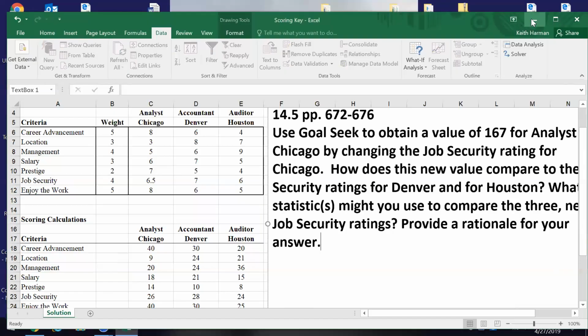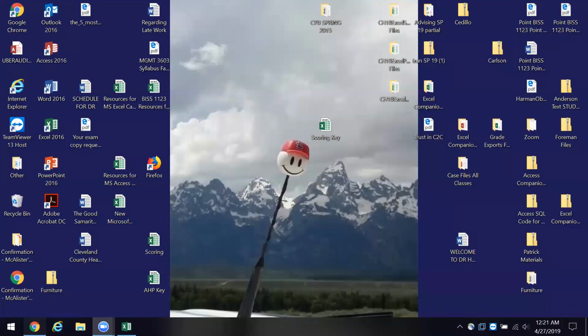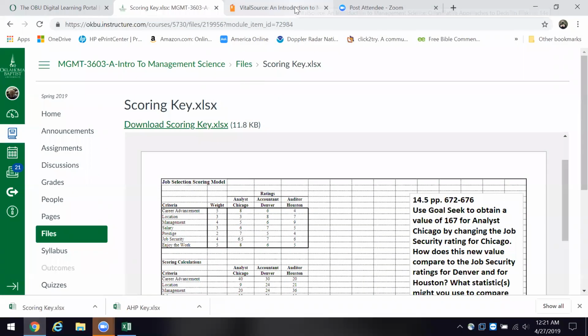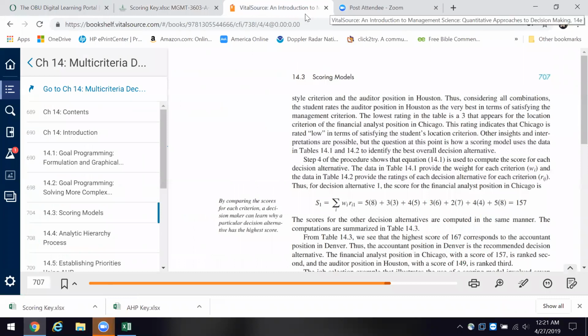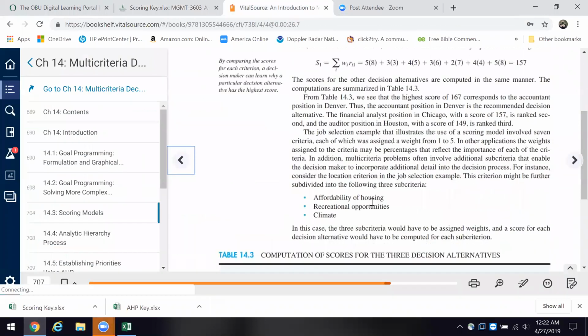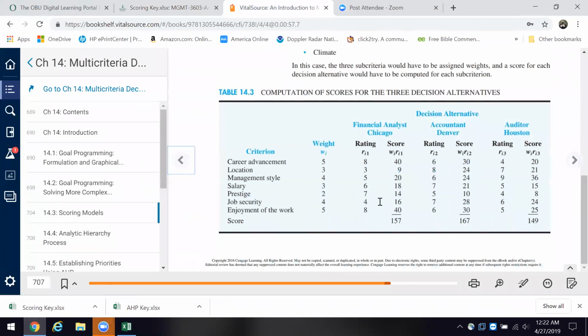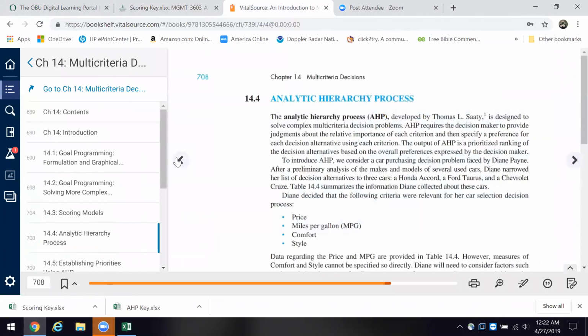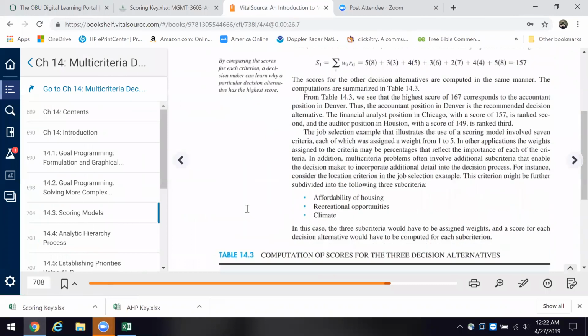It's just simply following a process as the text shows us. And I even gave you some hints on how you might handle these, the 3 new ratings under security.